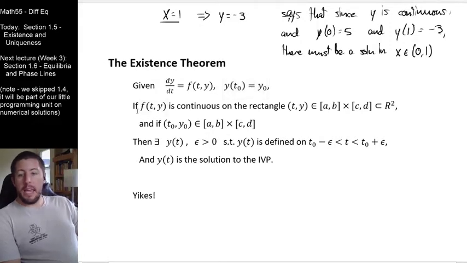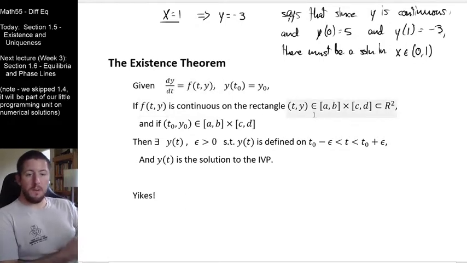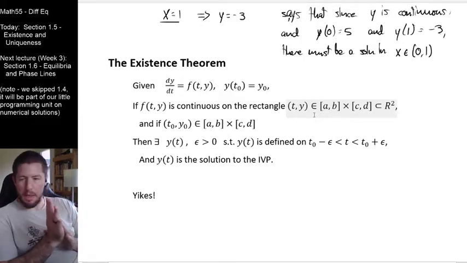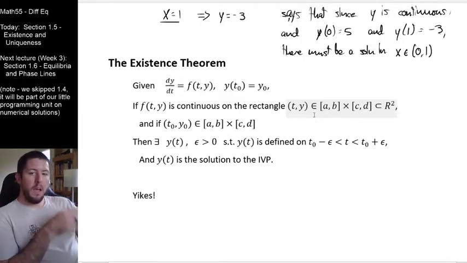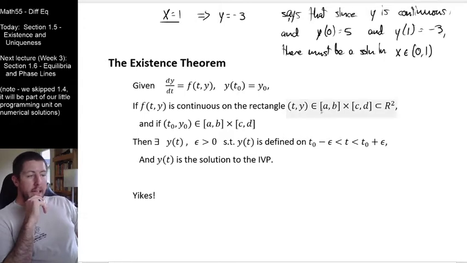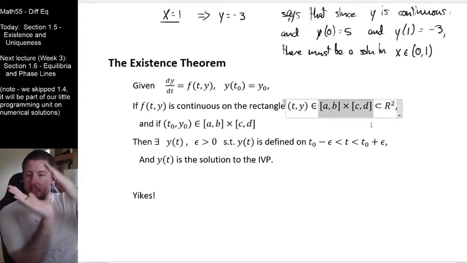Right? If our function on the right-hand side of our differential equation is continuous on a rectangle. Now here's my first slightly difficult statement right here. And by the way, I actually have to modify a symbol here. What this is saying is that the rectangle right here is the rectangle AB crossed with CD.